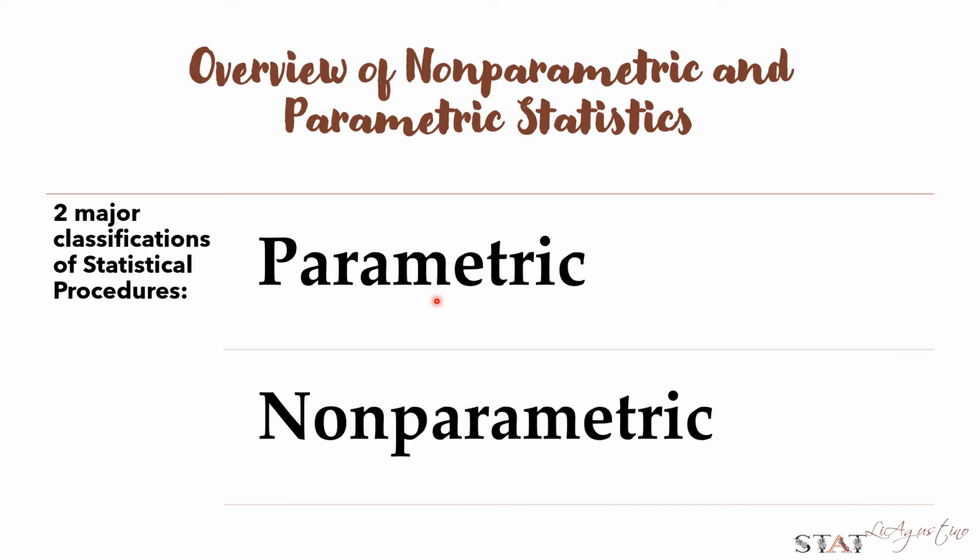For example, in parametric tests, there are specific statistical tests under this classification. And if you cannot meet the assumptions of parametric tests, you also have specific statistical tests under non-parametric tests. So before you analyze your data, you first have to meet the assumptions of parametric or non-parametric before using such analysis under this classification of statistical procedures.